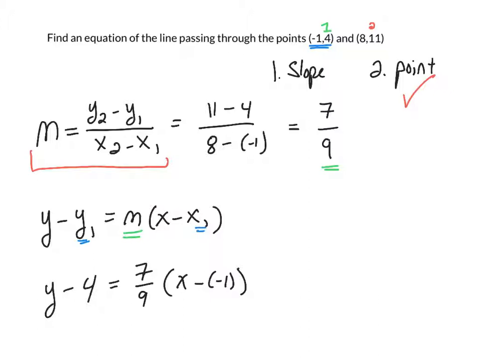And if we put all this together, what we get is that y is equal to 7 over 9, that's my slope, times (x plus 1), since taking away a negative 1 is the same as positive 1, and then I'm going to add my 4 to the other side. So if I want to write this with just y on one side, the equation of my line is y equals 7/9 times (x plus 1), plus 4.